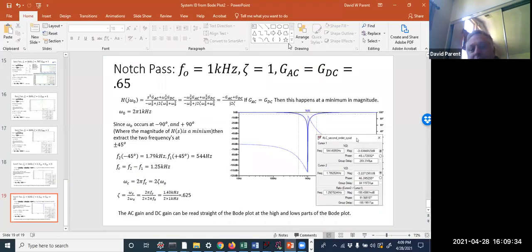But that's pretty much the homework, and you will get some kind of plot like that. I have my open math that can generate that Bode plot, and you need to find the damping, omega naught, and whatever gains.